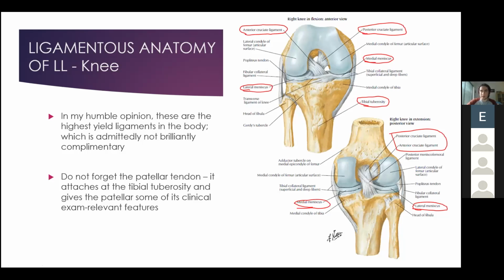You'll see a lot of people with meniscectomies and having to have knee surgery for their meniscuses. And then pretty much those and the ACL is about it. The tibial tuberosity I've circled there because that's where the patella tendon or the patella ligament attaches. And that has some value in terms of clinical signs like effusions and looking into that sort of thing.